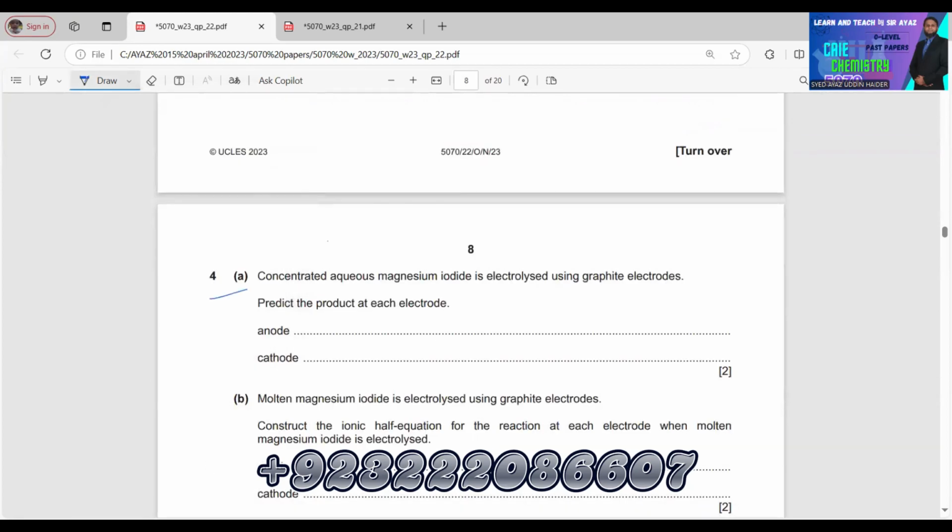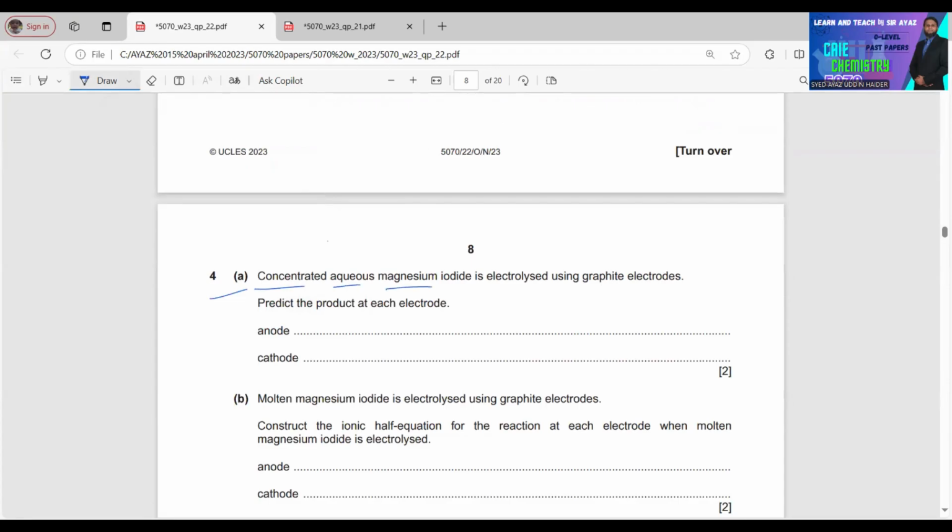Next question. Concentrated aqueous magnesium iodide is electrolyzed using graphite electrodes. Predict the product at each electrode. We have aqueous magnesium iodide. They are saying concentrated.